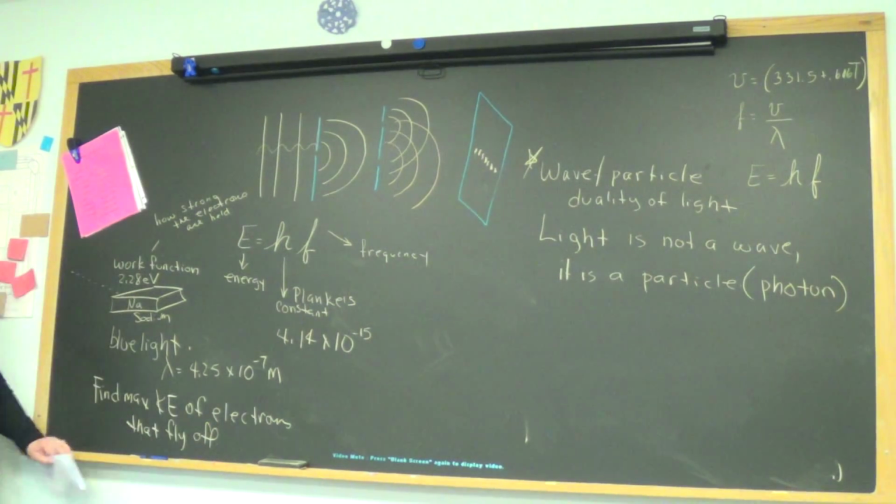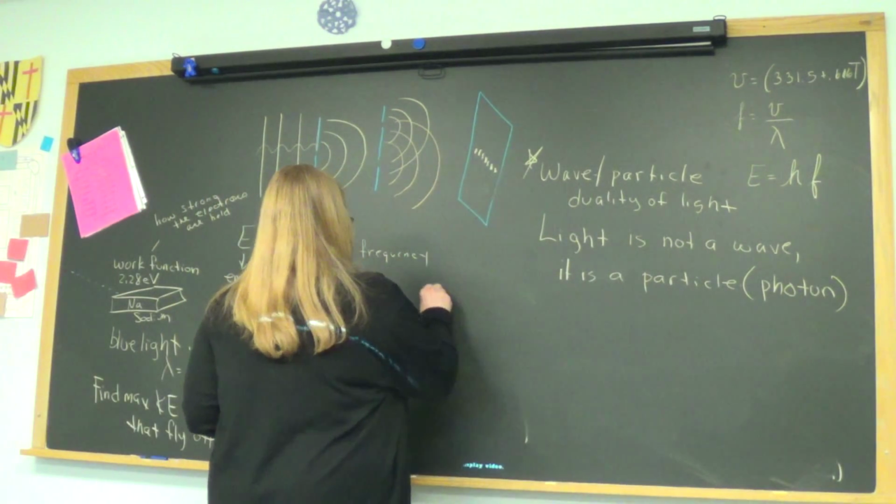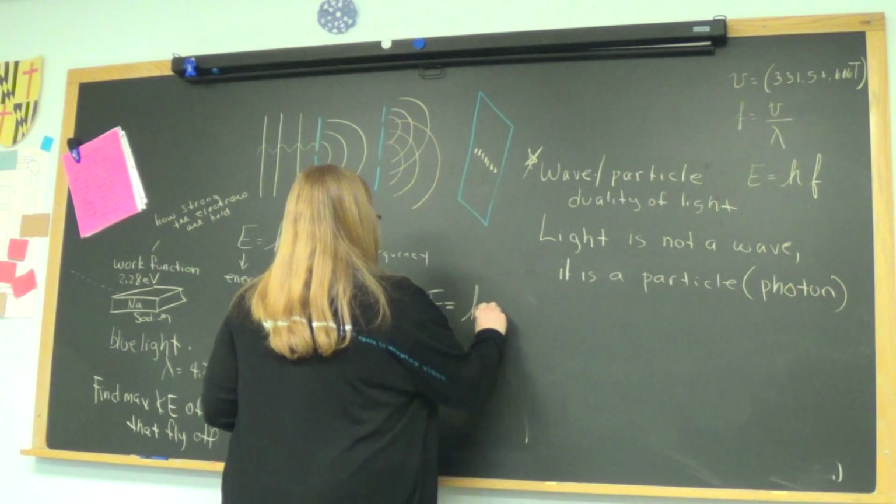All right, you have a picture, and write down the work function of the sodium. We have blue light coming in with that wavelength, and we want to find the kinetic energy, the most kinetic energy the electrons that fly off can have. To do this kind of problem, we start with Einstein's elf equation, the energy of the light particle.